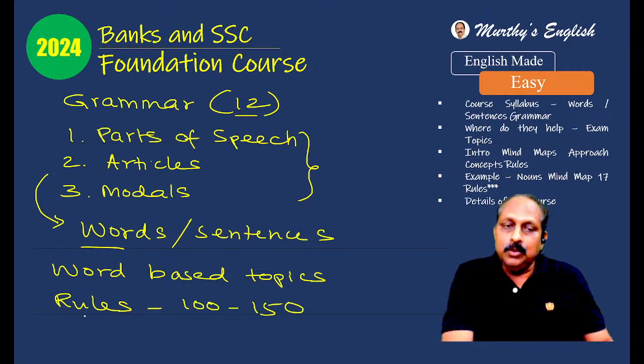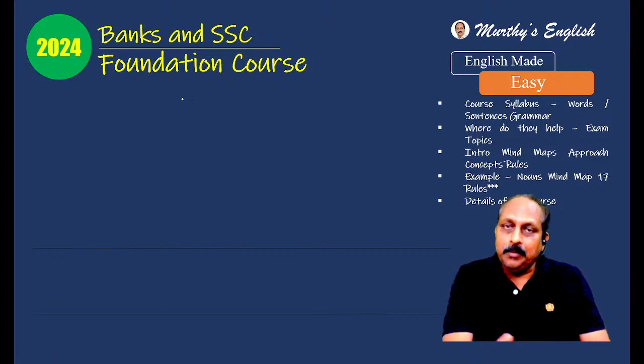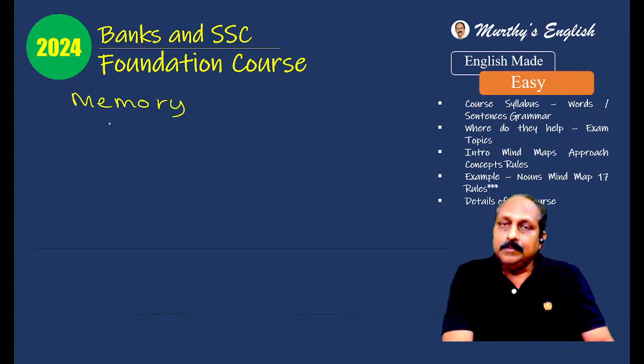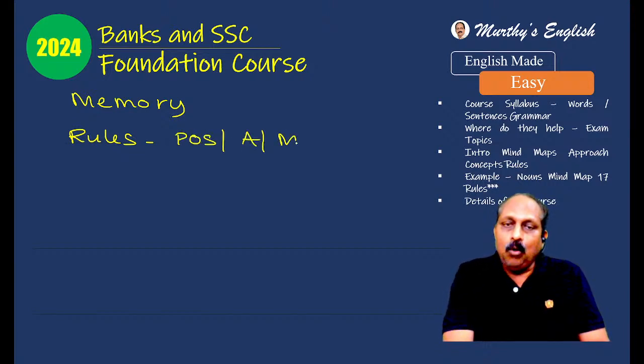And to master these rules, you don't have to be intelligent, you have to be good at memory. All the rules based on parts of speech, articles, and modals are memory-based rules.